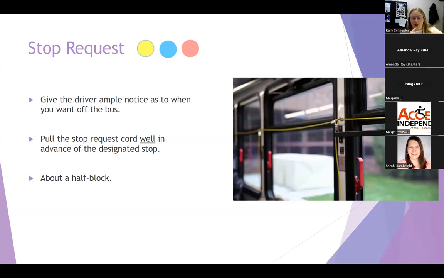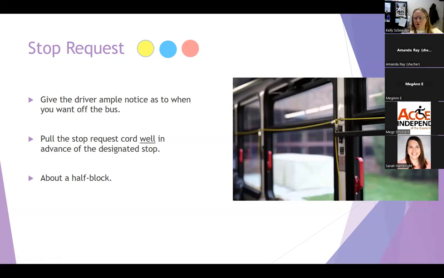So you should plan to pull this cord when you're about half a block from your destination. This is one of those things where if you're not sure where that is, you would want to sit close or have that conversation with the driver as you're boarding, so you know what landmarks or intersections to look for to pull the cord.